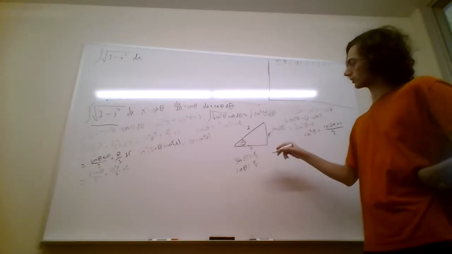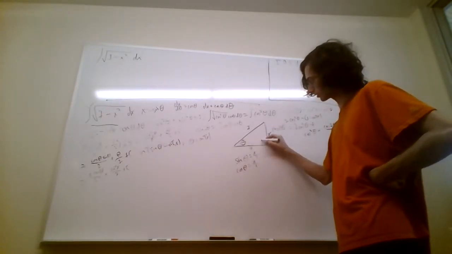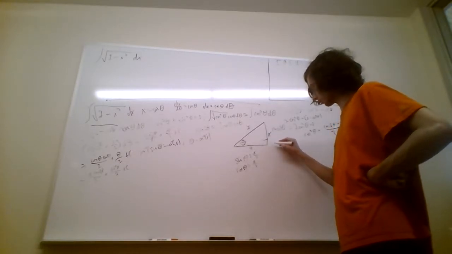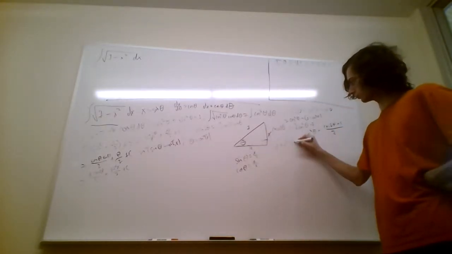We can use a squared plus b squared equals c squared for a right triangle, like this is. So we know that a squared plus x squared is equal to 1 squared, which is 1.